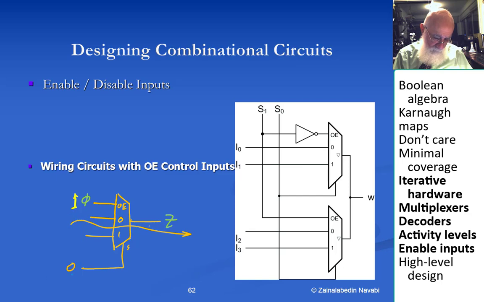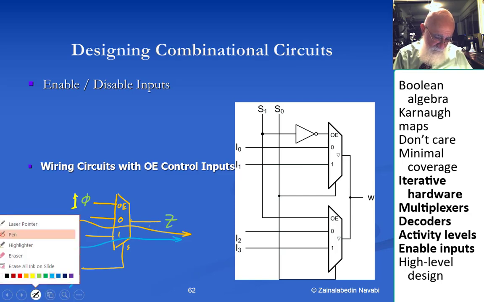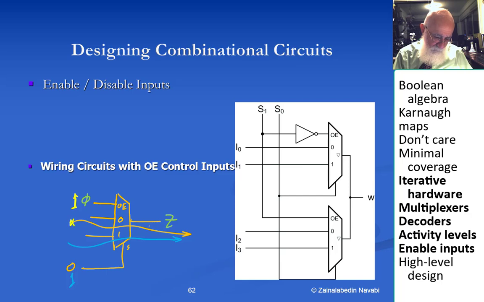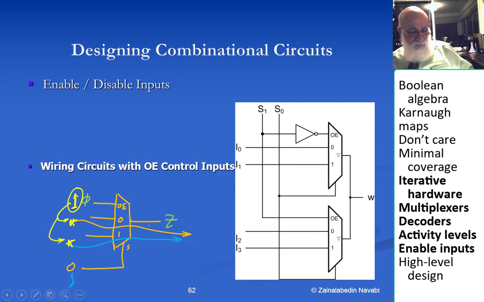A 1 here would send this through, but the condition is that this has to be 1 for the inputs to pass through. Okay, what good does this do?